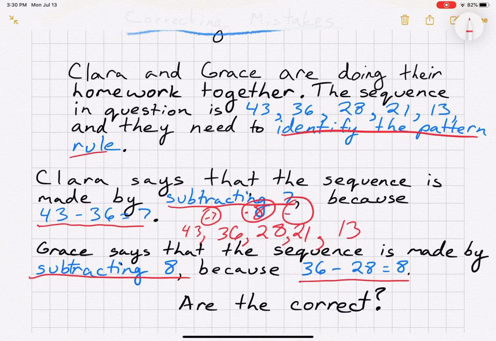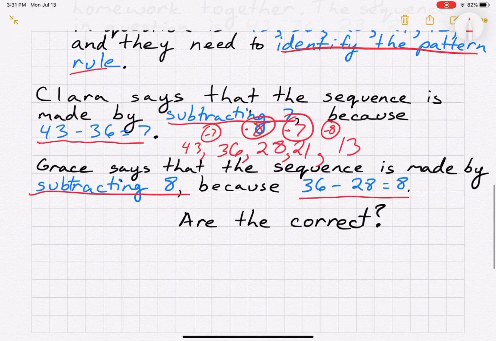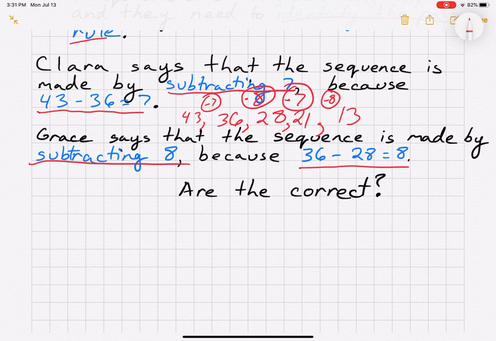This is minus 7. And then 21, 20, 19, 18, 17, 16, 15, 14, 13, and this is minus 8.